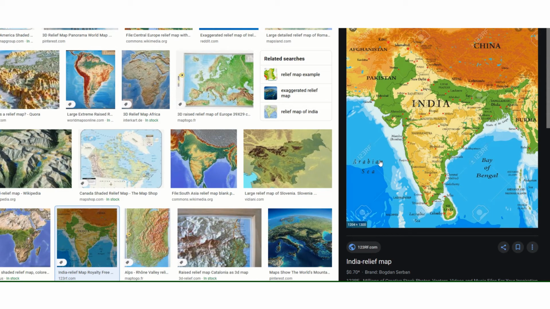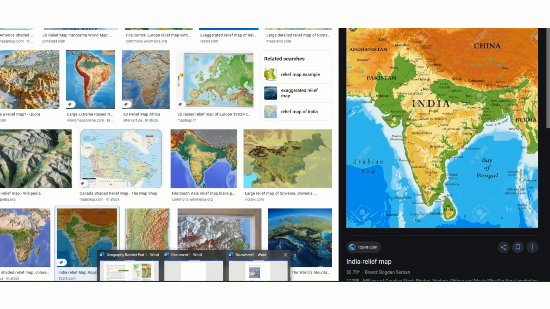So it's similar but relative, which means compared with another nearby, or the next landform. So the difference between these two landforms shows the relief.